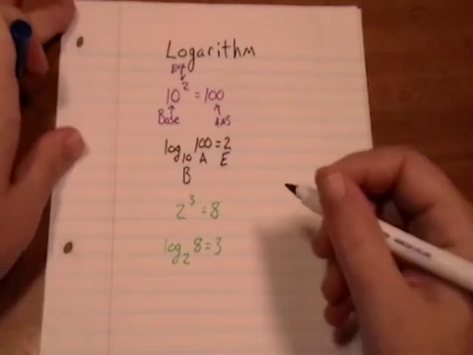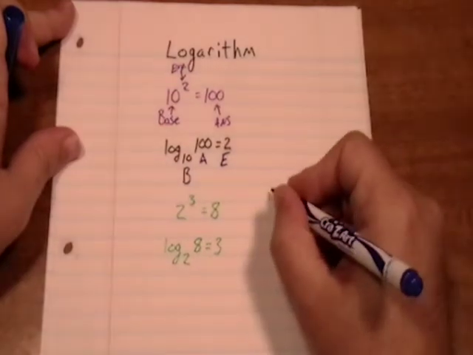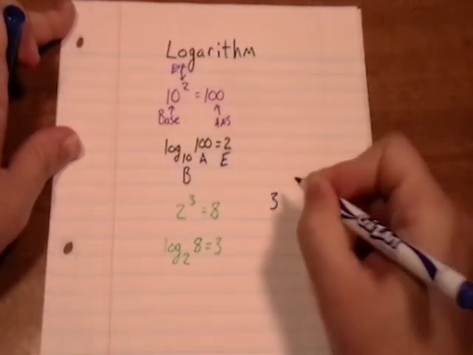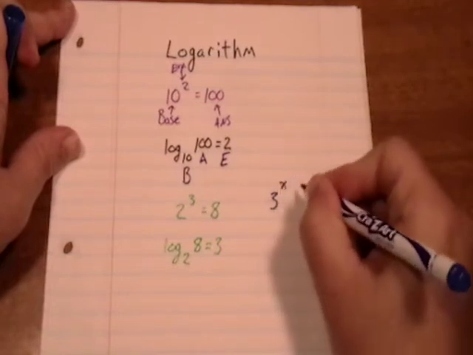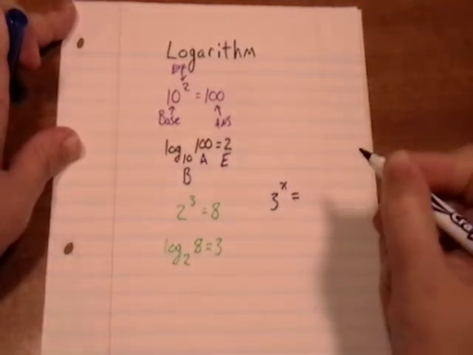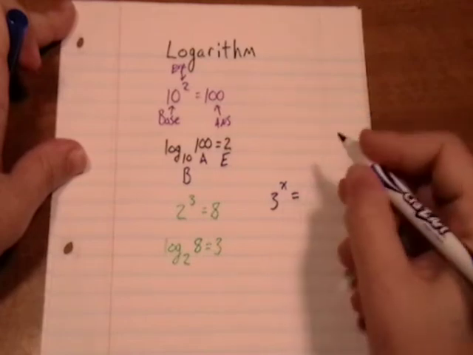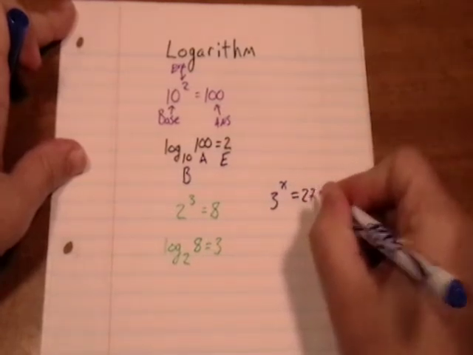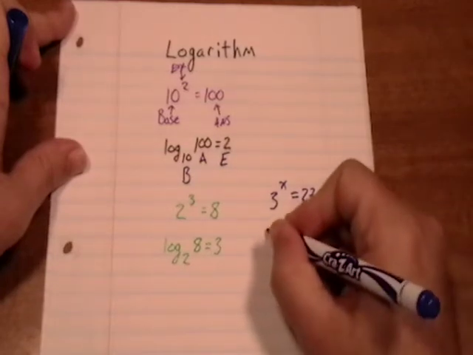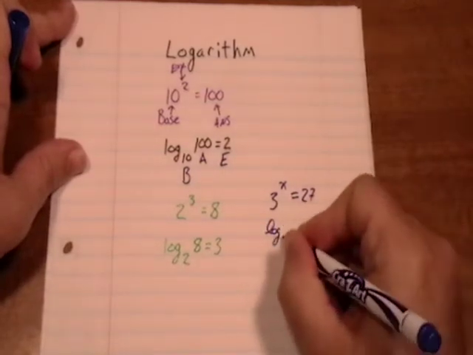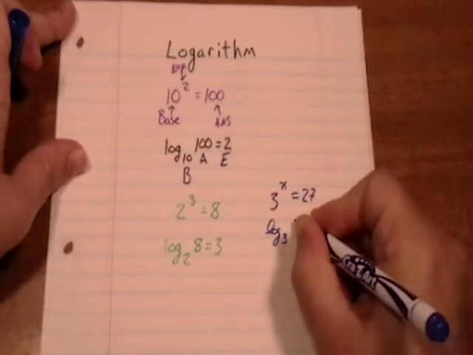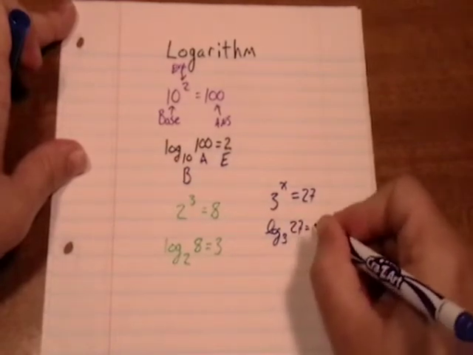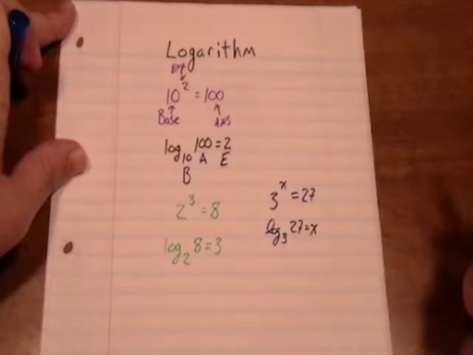So what if I said 3 to the x power is, let's just make something up, let's say 27. Well, I could say log base 3 of 27 is equal to x.